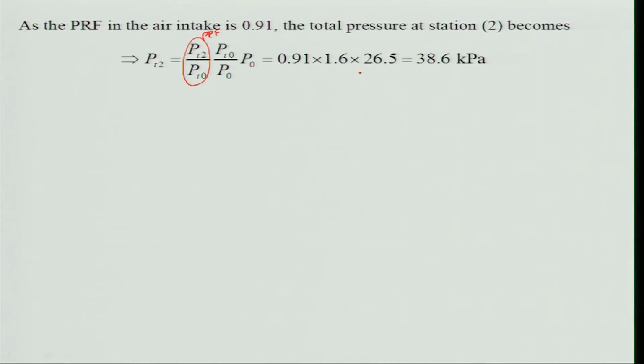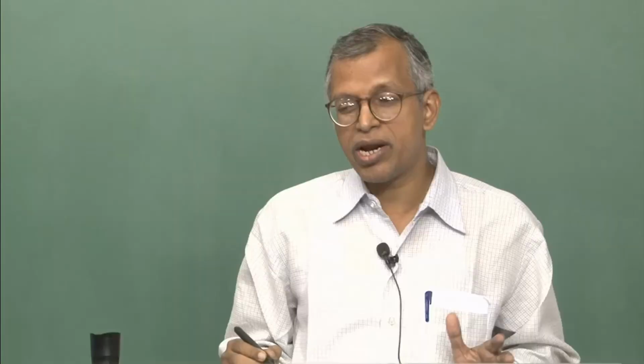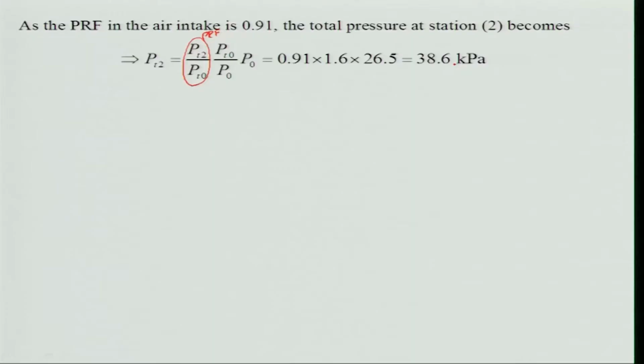When you substitute these values, you will get Pt2 as 38.6 kilopascals. Here, what we are doing is solving each point; sometimes you may find it is not required, but particularly in the real cycle it will be very essential. In the ideal cycle you can skip some of the calculations if you use it intelligently, but in the real cycle it will be a little tricky.